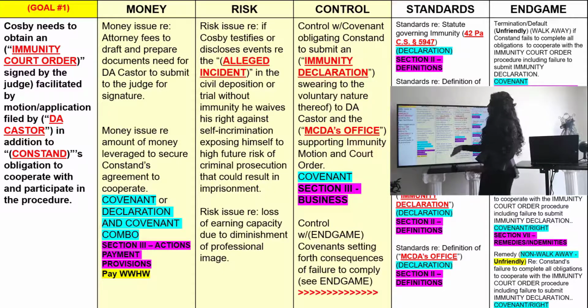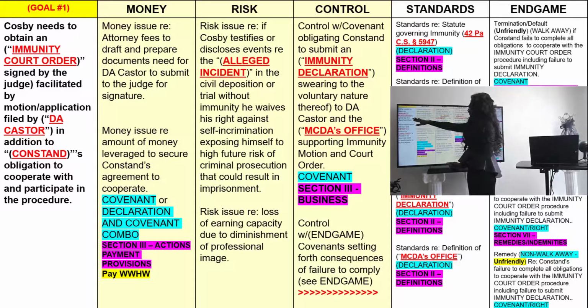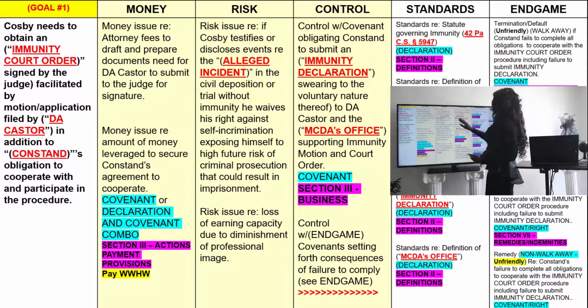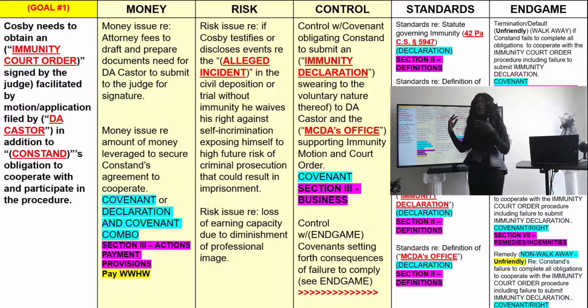And so I have to have all of the issues or problems that are going to result from this goal thought out before I start to go into the negotiation stage of the case, because it seems that there was some type of a loss of focus on the idea that Cosby actually needed to have a specific immunity order signed by the judge.